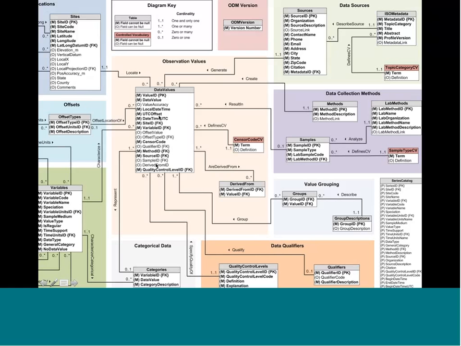The same thing goes for data values. The relationship between the two has what's known as cardinality, which means that you can have one and only one site that will then produce 0, 1, or many data values.